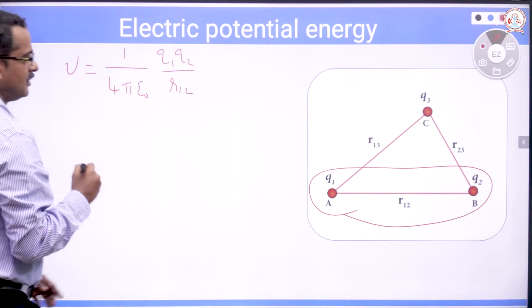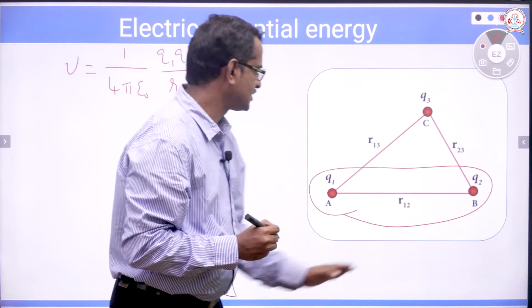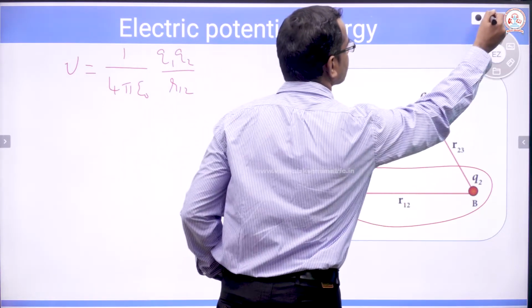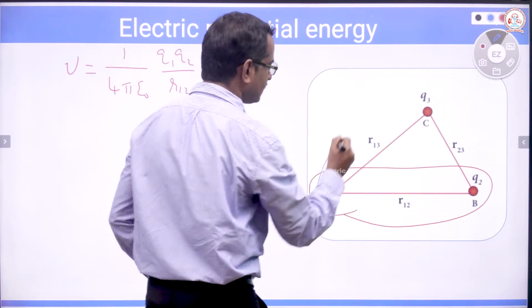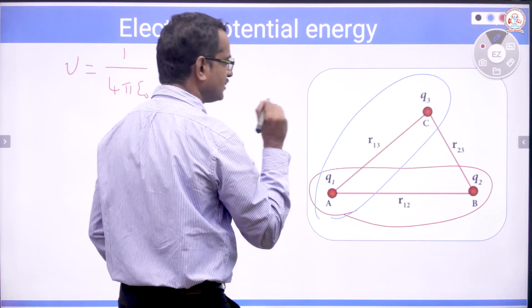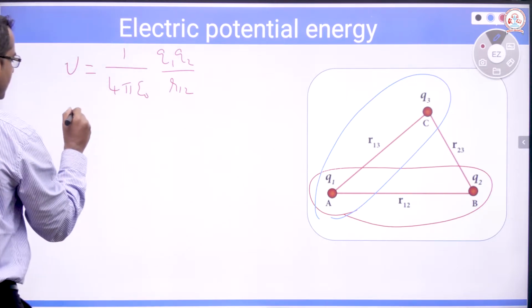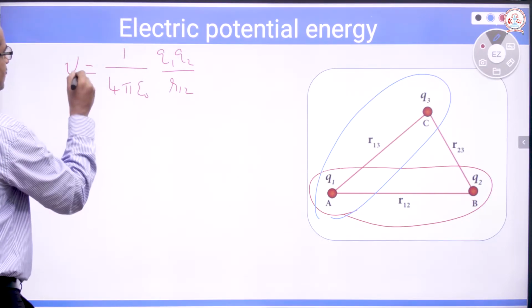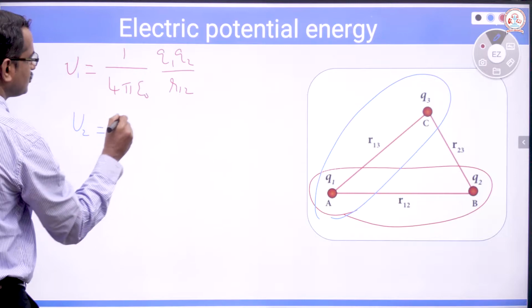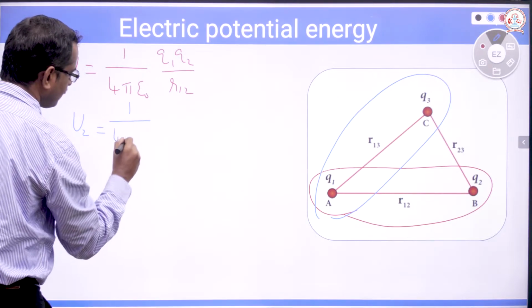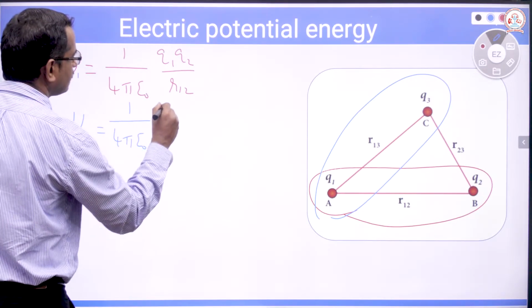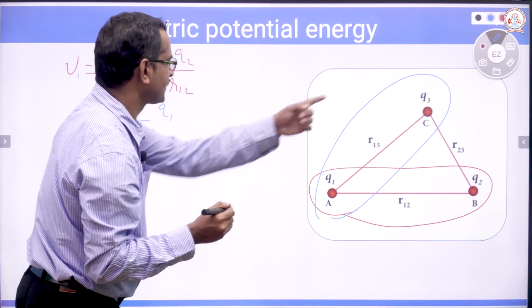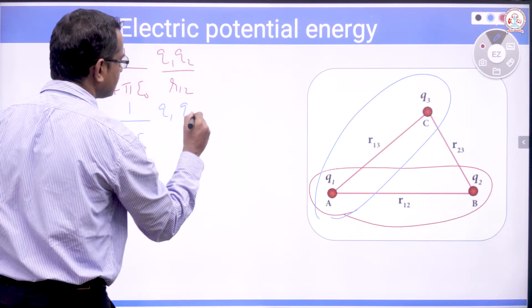And if you consider these two charges, Q1 and Q3, the electrostatic potential energy is equal to 1 divided by 4 pi epsilon naught Q1 Q3 divided by R13.